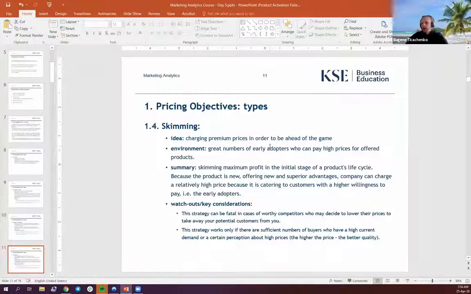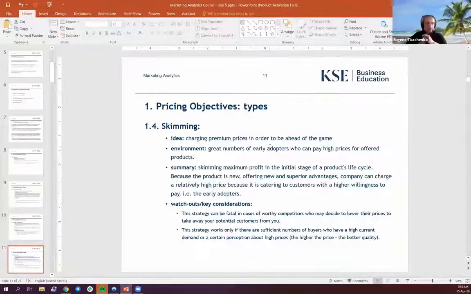However, skimming has two things to be considered. First of all, if you set the price of $1,400 as the initial price right after the product launch, in Apple's case, some of your competitors may start with high prices as well, but that price will be $1,300.